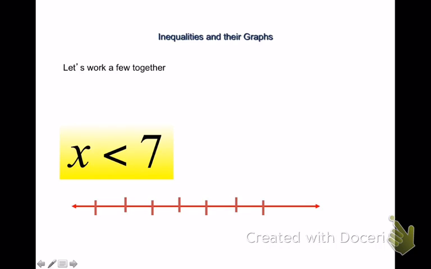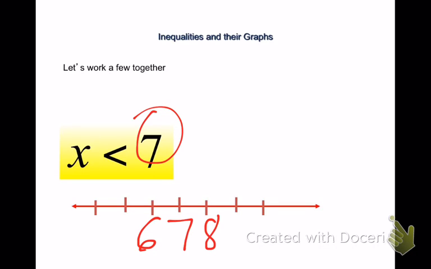Now we've got x is less than 7. You can probably take a good guess about what you're going to do. It's a very similar situation. I'm going to put my landmark number, 7, right here on my number line. One greater and one smaller. I'm going to make an open circle because 7 is not actually a possible option, because there's no equal to line underneath my inequality.